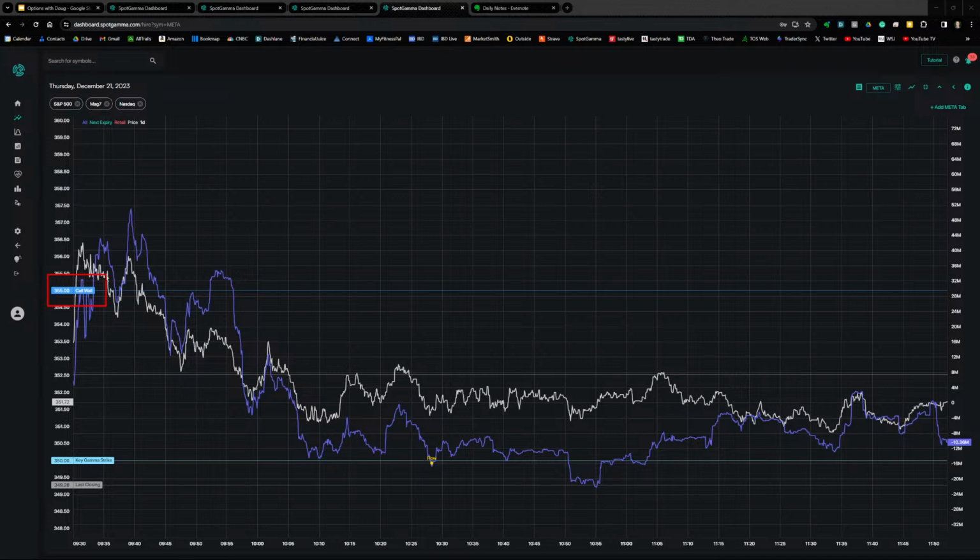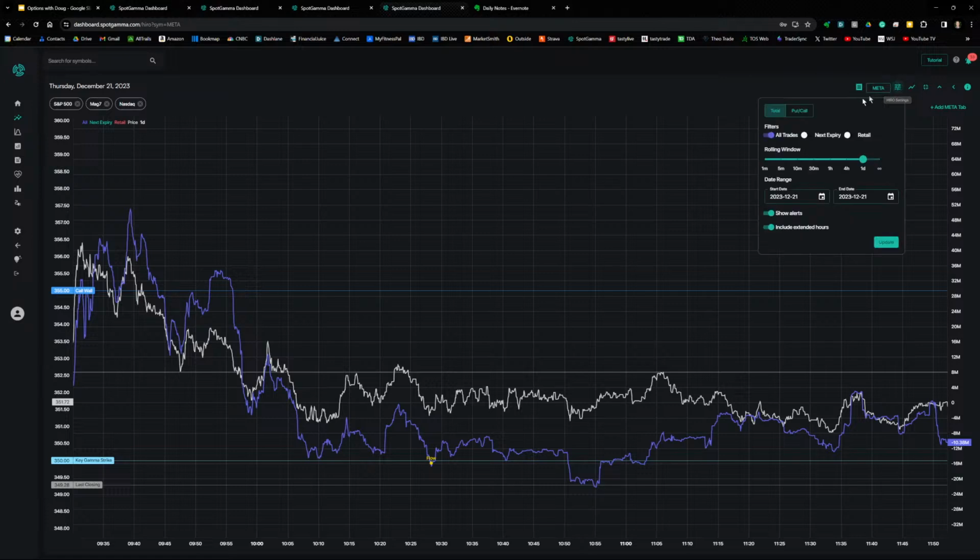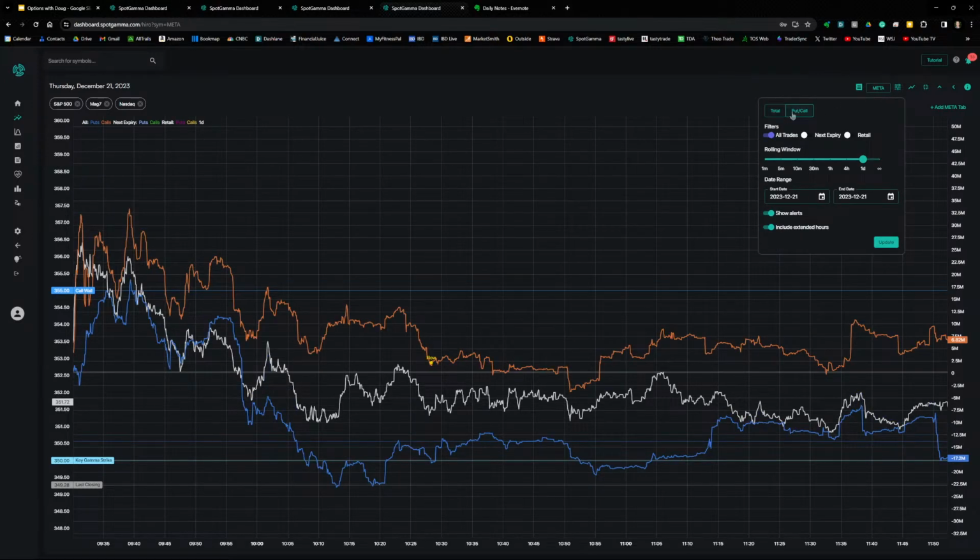To move lower, the 355 call wall set up a short. As traders started taking negative delta positions, Hero started to make a series of lower highs. Let's just break out puts and calls, see if we get any clarity from that.